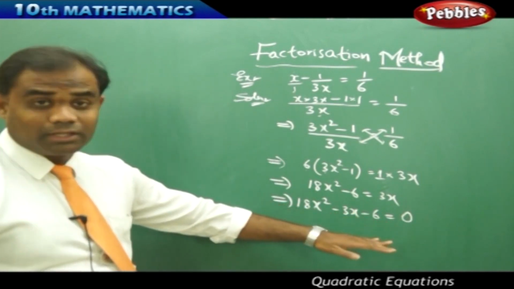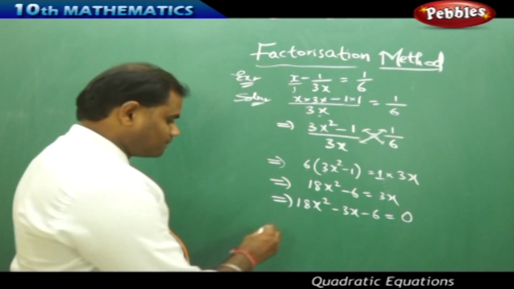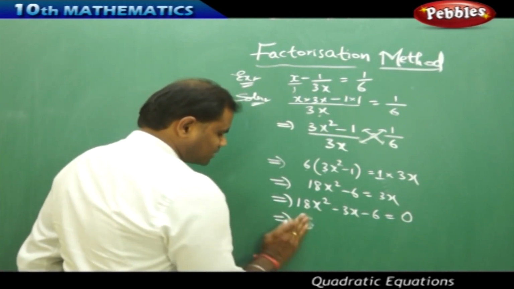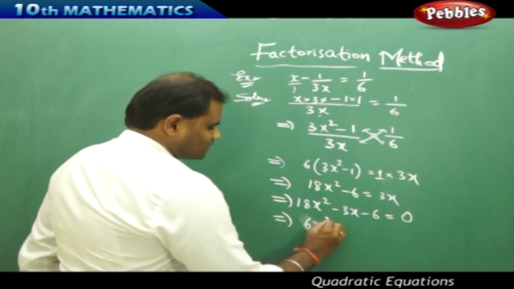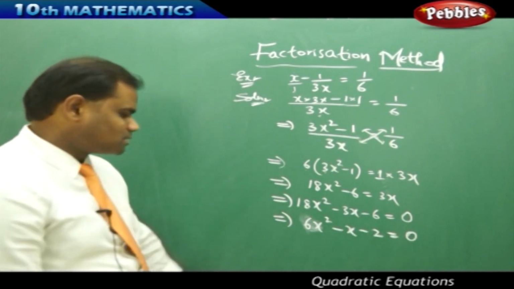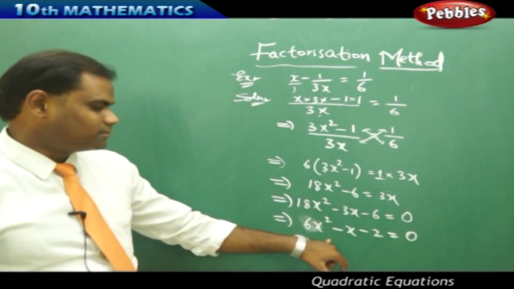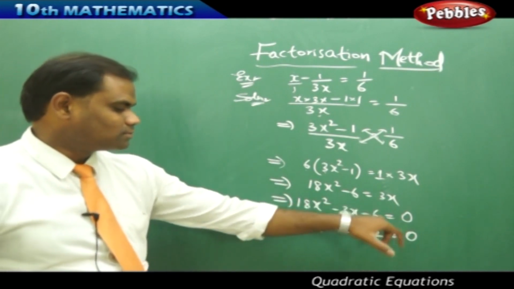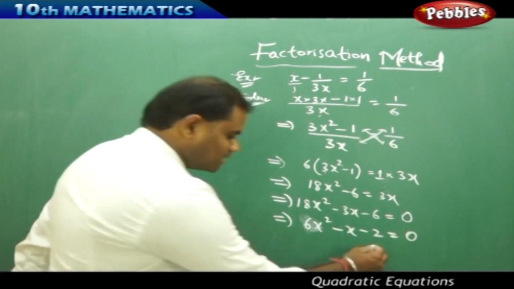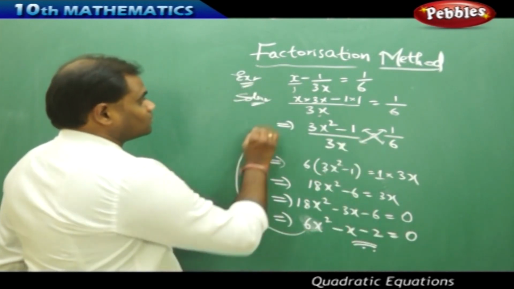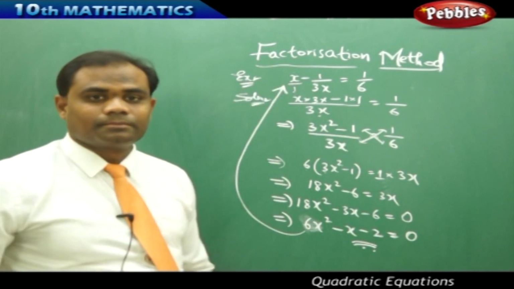I divide the whole equation by 3 so that I get 6x squared minus x minus 2 equal to 0. Because I divide the whole equation by 3: 3 6s are 18, 3 1s are 3x, 3 2s are 6. Now this is clearly a quadratic equation obtained from the given problem.